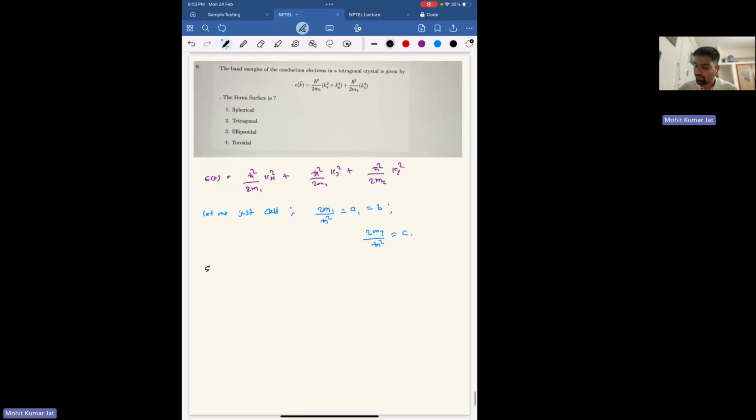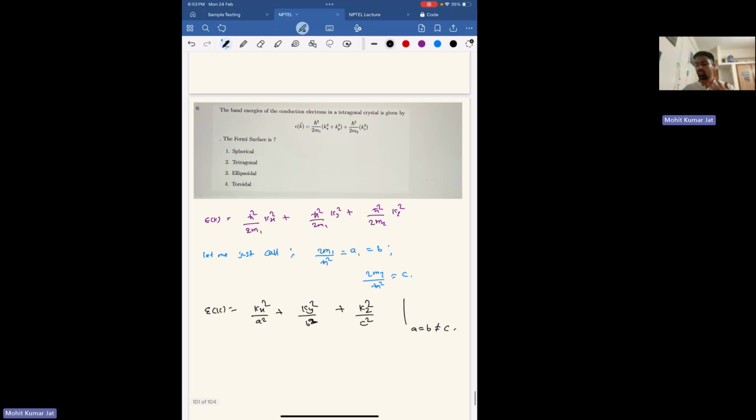So I can write E(k) as kx square by a square plus ky square by b square plus kz square by c square, where a equals b but not equal to c. That's the essence of the question.